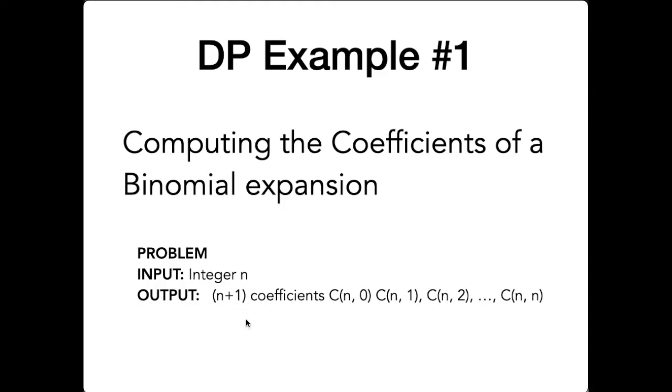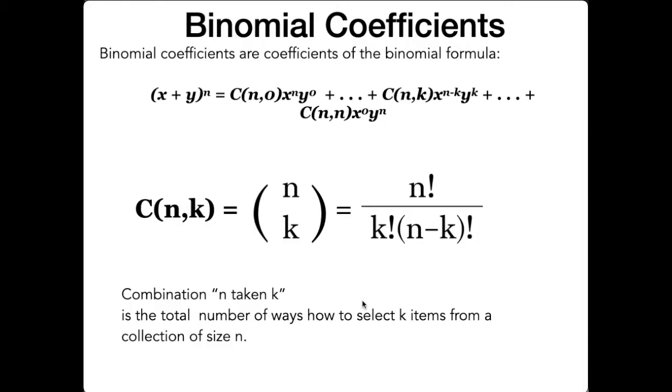coefficients. And the n plus 1 coefficients are these numbers. So that's n taken 0, n taken 1, etc., up to n taken n. So this is the combination formula. And as we all know, this is equivalent to this one. This is also read as n choose k or n taken k.